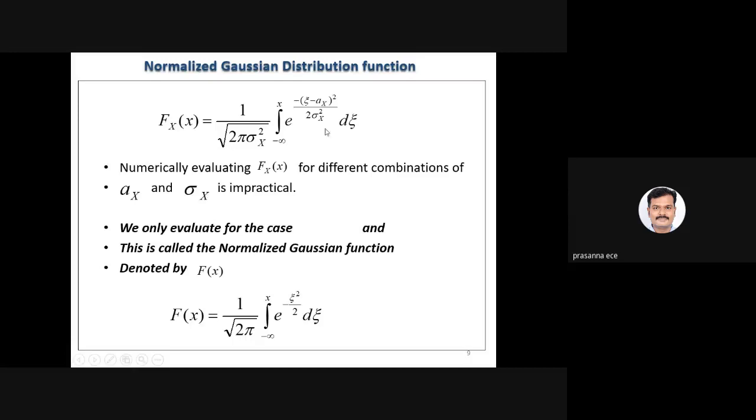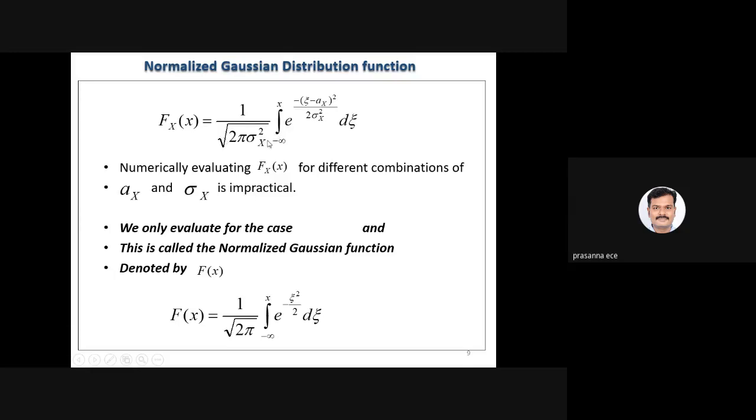So how many combinations of those constants are possible? This is the distribution function: 1 by root of 2 pi sigma x square, integral from minus infinity to x of e power minus zeta minus ax the whole square divided by 2 sigma x square, d zeta.